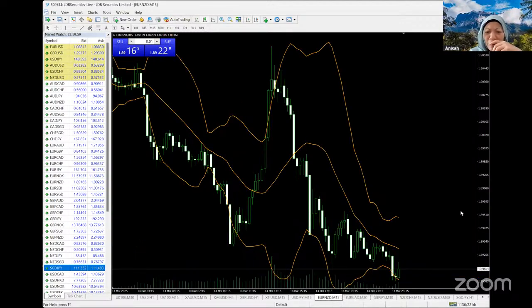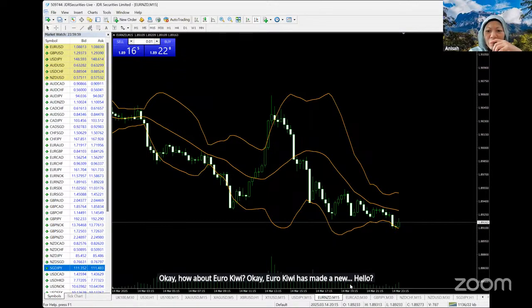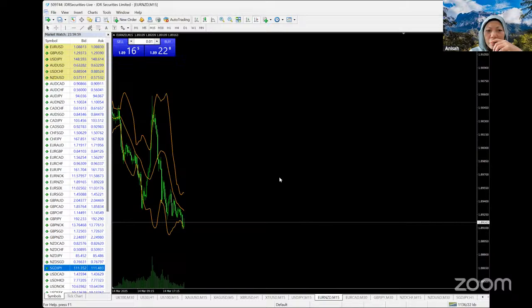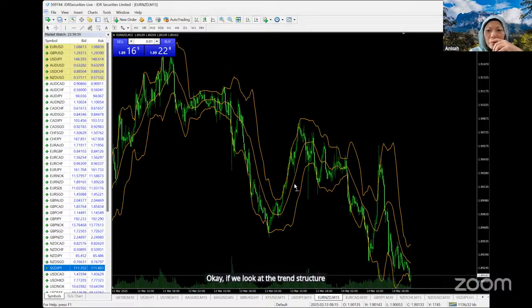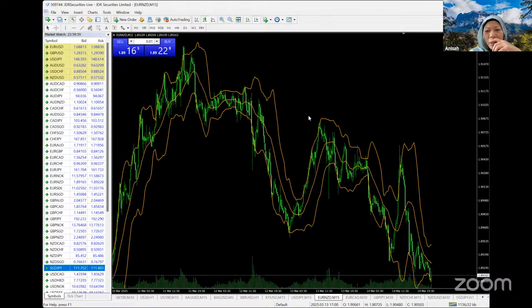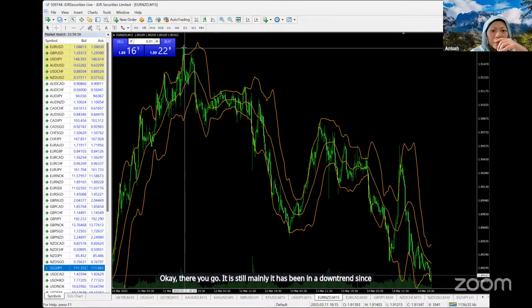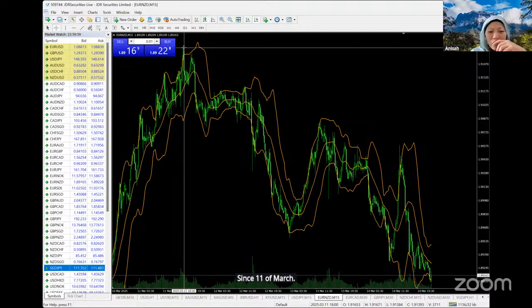How about Euro Kiwi? Euro Kiwi has made a new low. If we look at the trend structure, it has been in a downtrend since 11th of March.